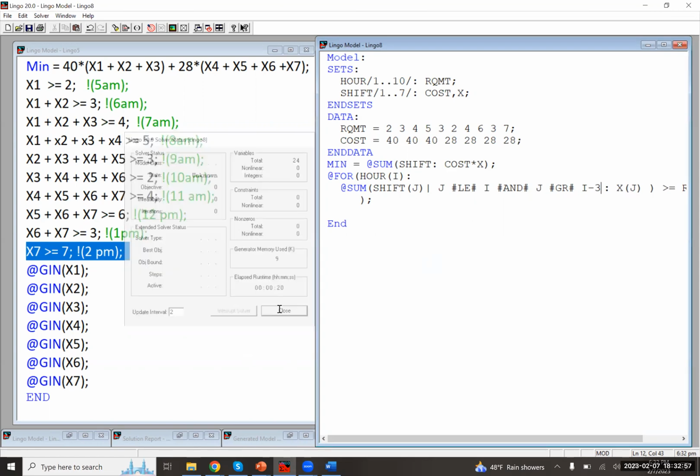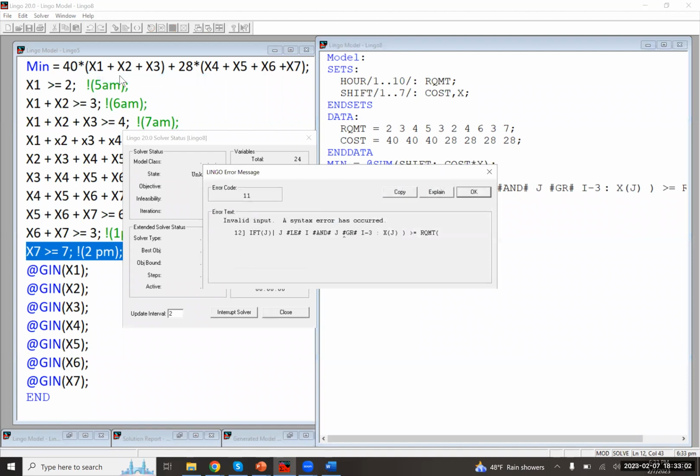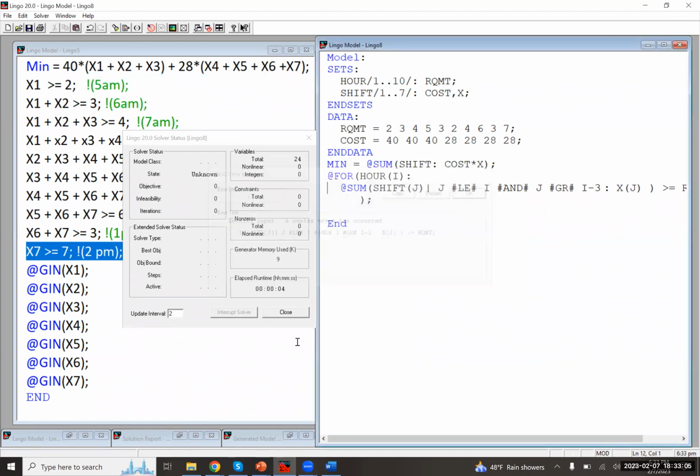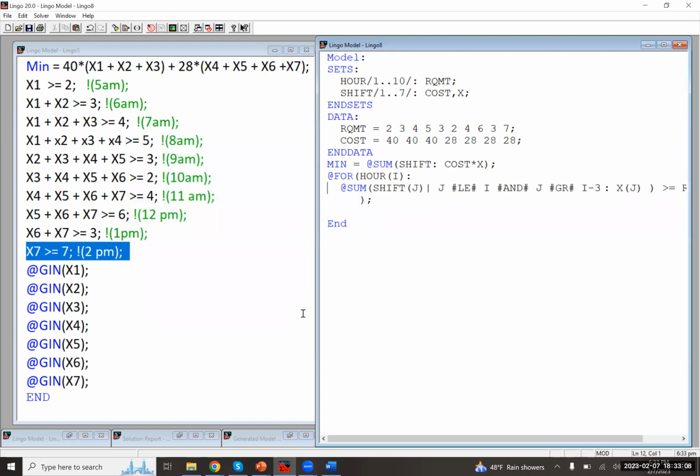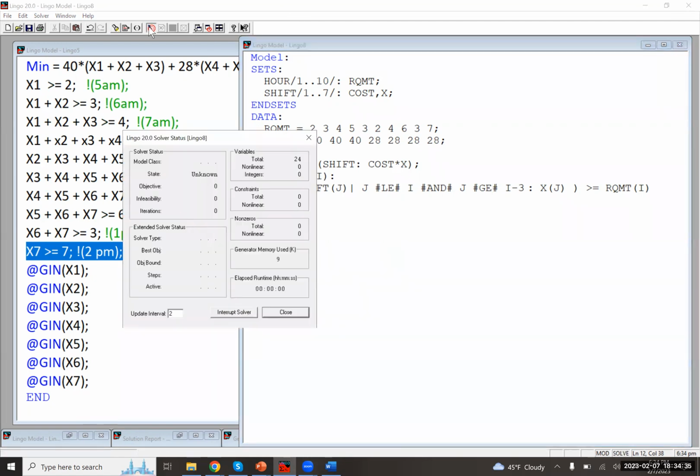Okay, let's try again. So it's not the font problem, of course. Let me see where we made the mistake. Okay, I got it. Greater than or equal has to be GE, not GR. So I think it should be okay.